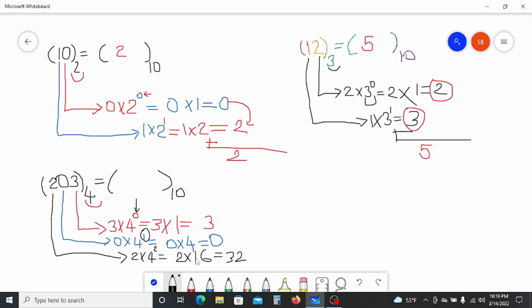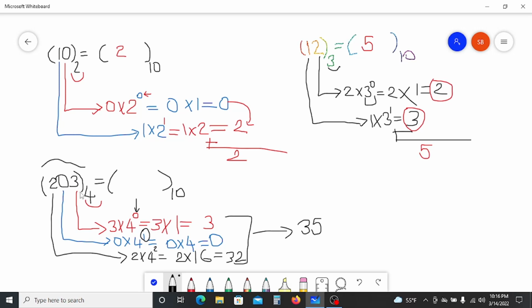There is not enough space under this, but eventually we need to add these three numbers. That means 3 plus 0 plus 32, this is 35. Be careful: when I am talking in base 10, I can easily say 35 or 47, because in base 10, or decimal, we can tell. But this number is given to you in base 4.